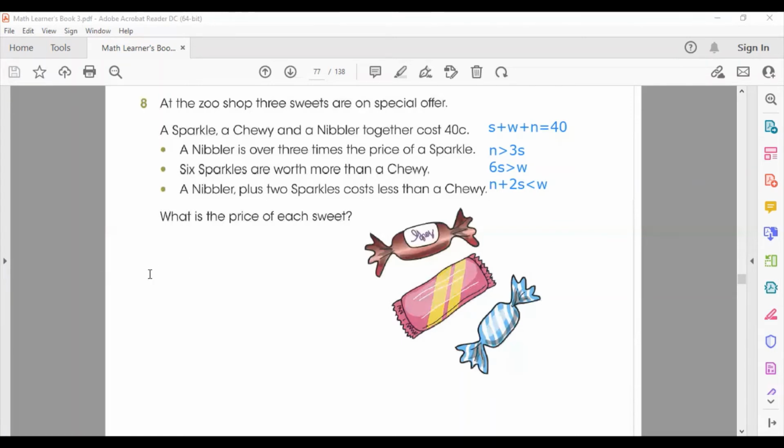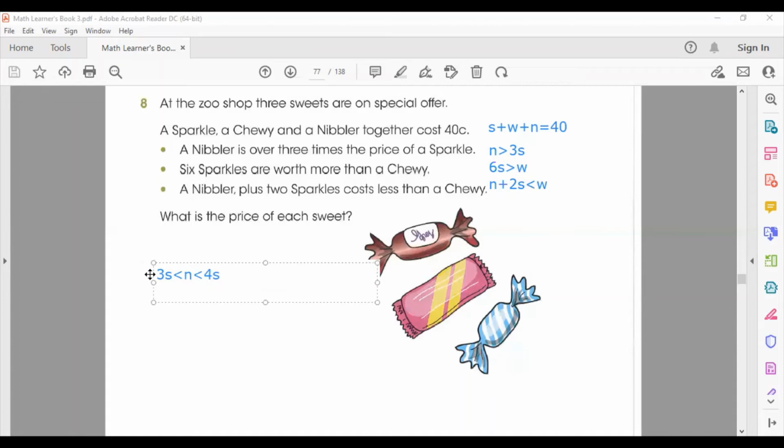3 sparklers is less than nibbler price, and nibbler price is less than 4 sparklers. So nibbler price is greater than 3, but less than 4 sparklers.